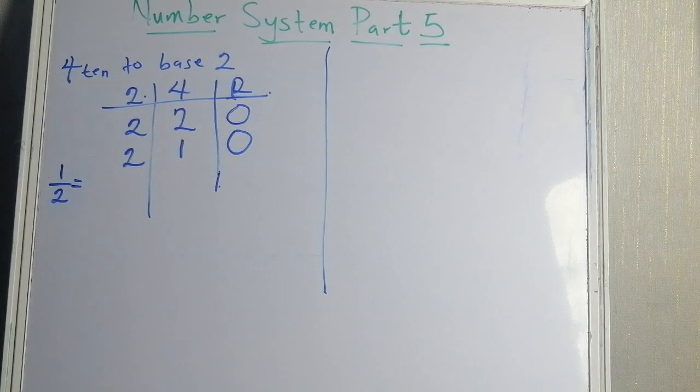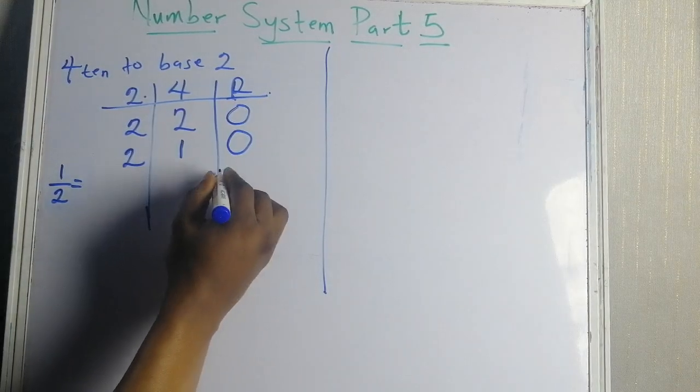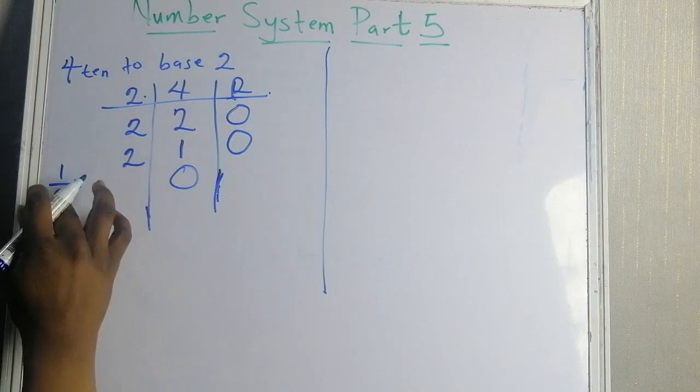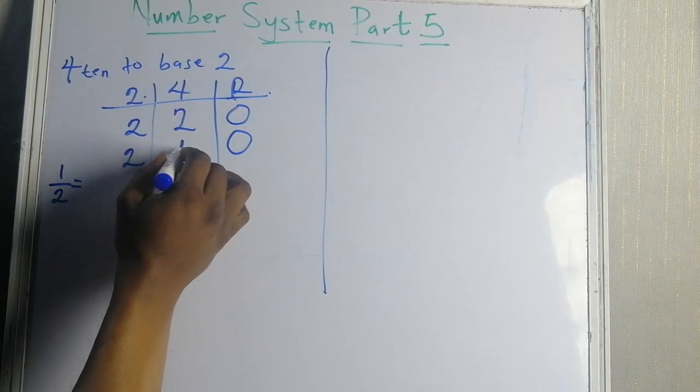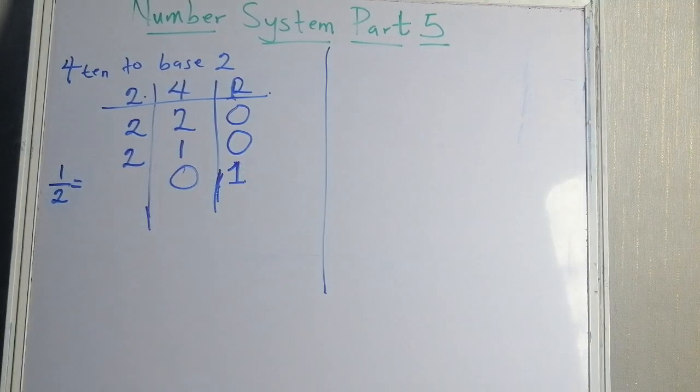But 1 divided by 2 is not possible. Since it's not possible, you just write 0. Then it means that this one is remaining.